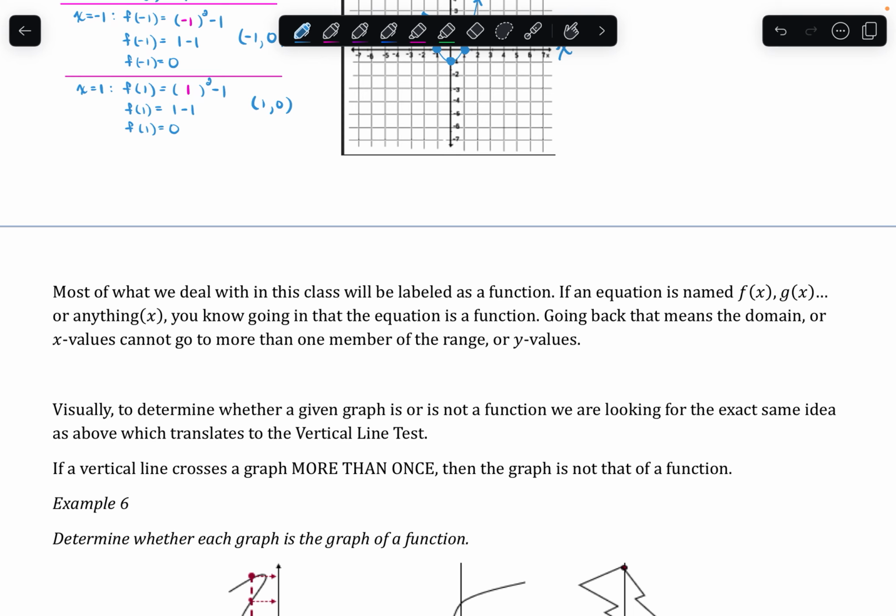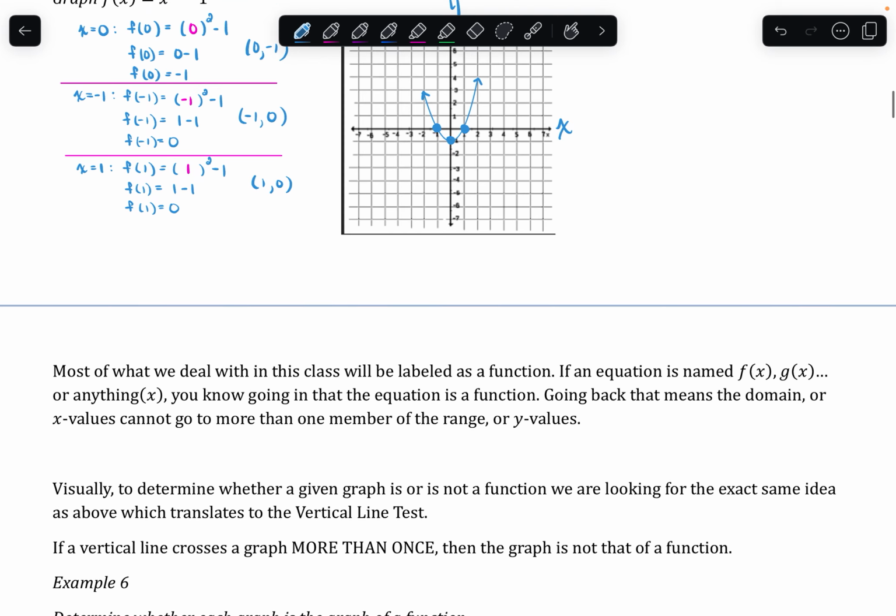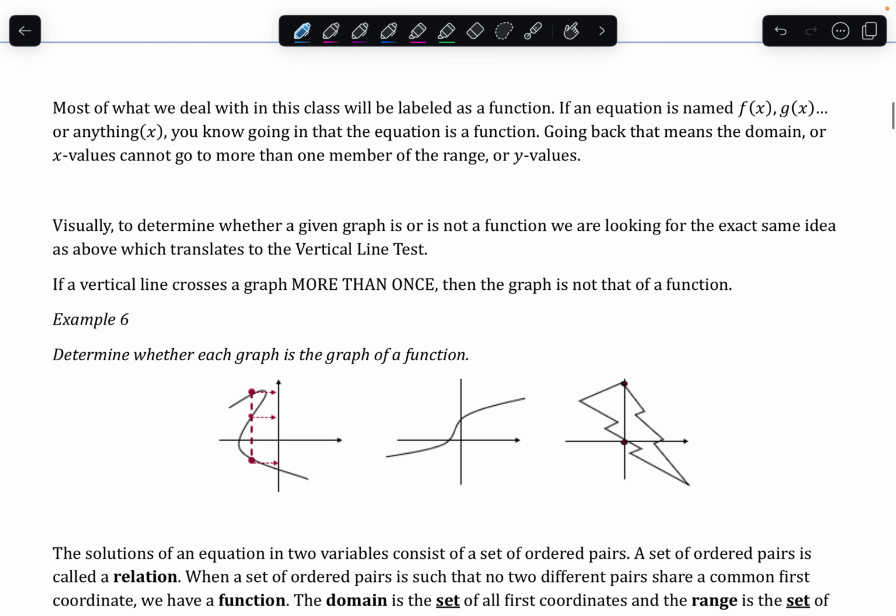All right, so we've graphed functions, we've calculated function values, we've determined if a correspondence is a function using those sets. Now we're going to look visually, well, how do we know if a given graph is or is not a function? So when you're given a graph, the key for determining whether said graph represents a function is called the vertical line test.